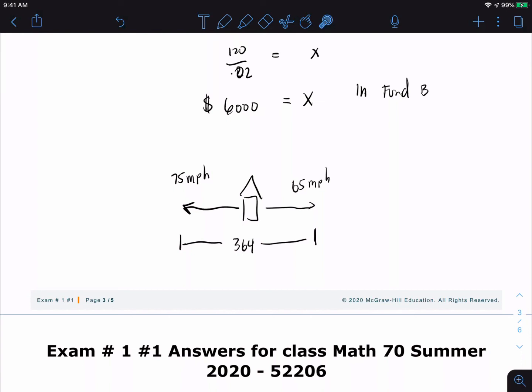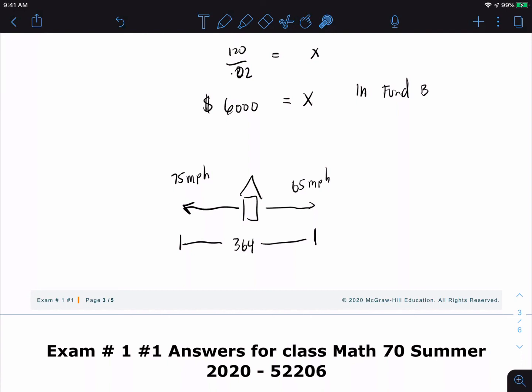So after 1 hour, this train is now 75 miles from the train station, and this one's 65 miles away from the train station. So 75 plus 65 is 140. So every hour, they're getting 140 miles further away from each other. Does that make sense?